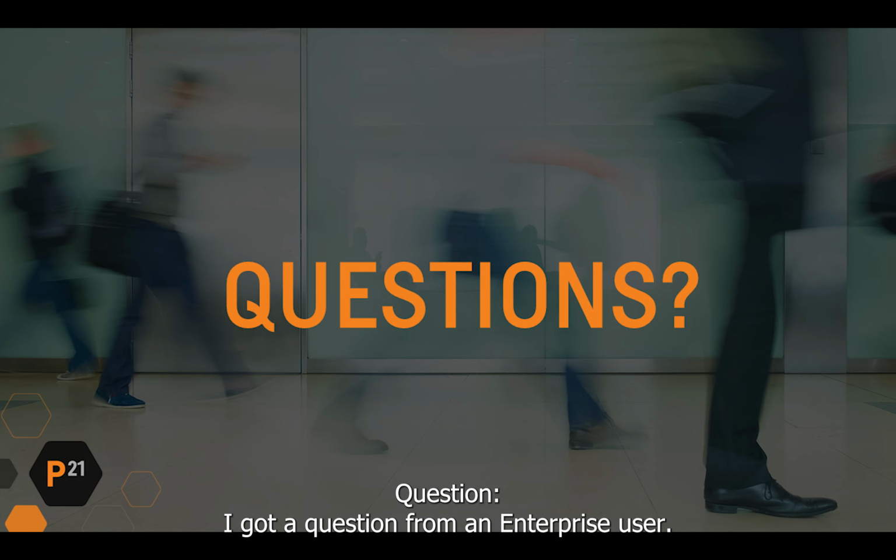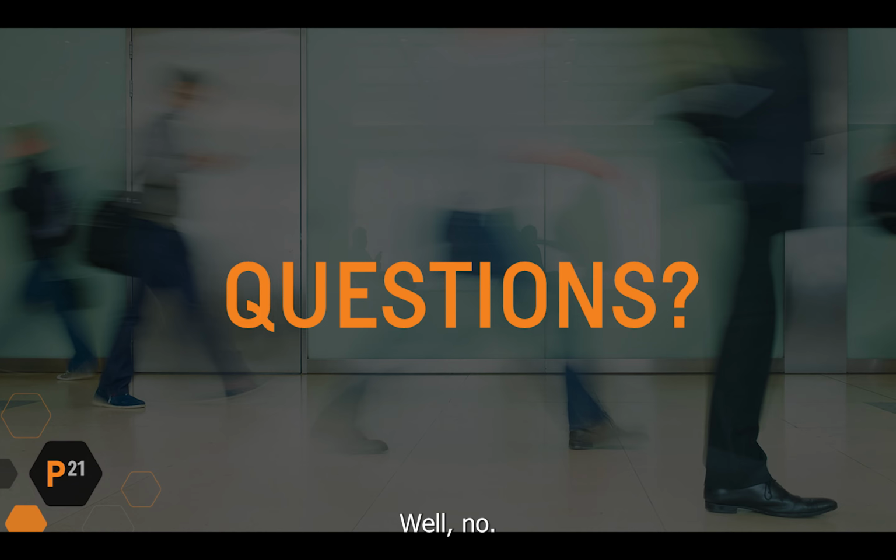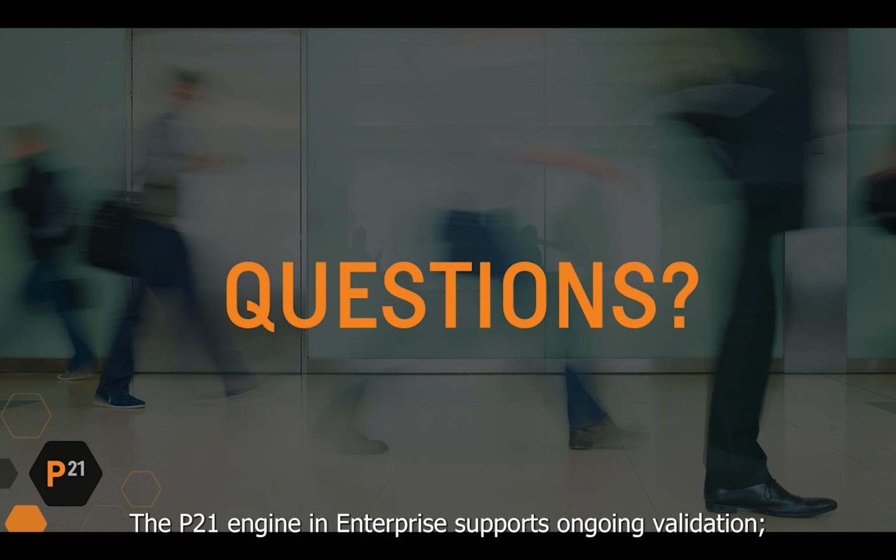Question. I got a question from an enterprise user. Can we use the P21 engine to create a reviewer's guide for PMDA? Well, no. The P21 engine is available on Enterprise to support ongoing validation.